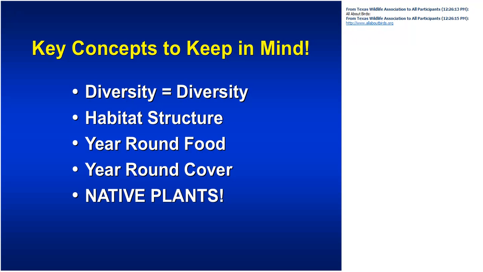That's an important concept to be thinking about. Another one is year-round food. You may have lots of a spring food source or a summer food source, but do you have a good fall food source or winter food source? You want to think about whether you have food availability year-round. So if you've got some gaps, that can be an area of focus for your management practices.